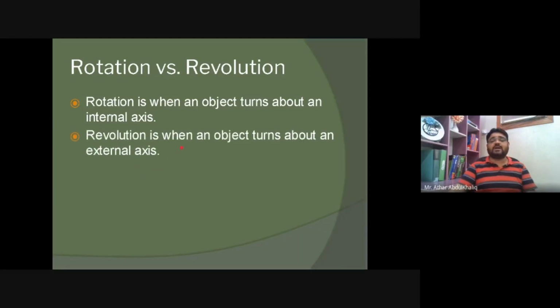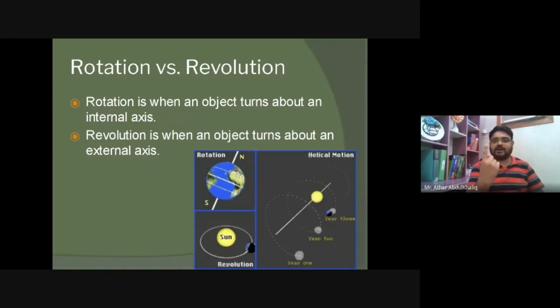When something moves around some other object, it is called a revolution. For example, if I spin a football on my finger, it's rotation. If I have a mass attached to a string and I'm revolving it like this, a stone or something, this is revolution.